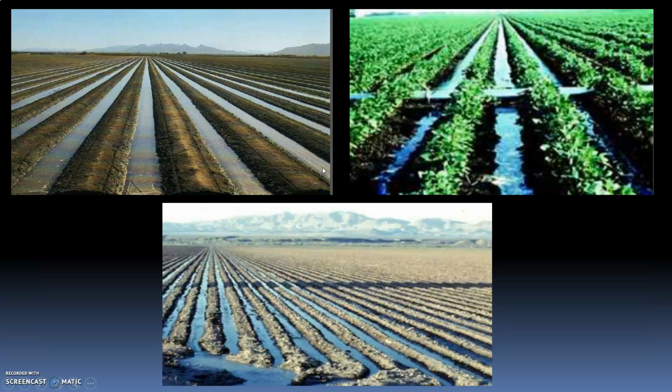In furrow irrigation, the water poured on the field is directed to flow through narrow channels dug between the rows of crops. You can see here the water is directed through the channels. In all these figures there are narrow channels dug between the rows of the crops.